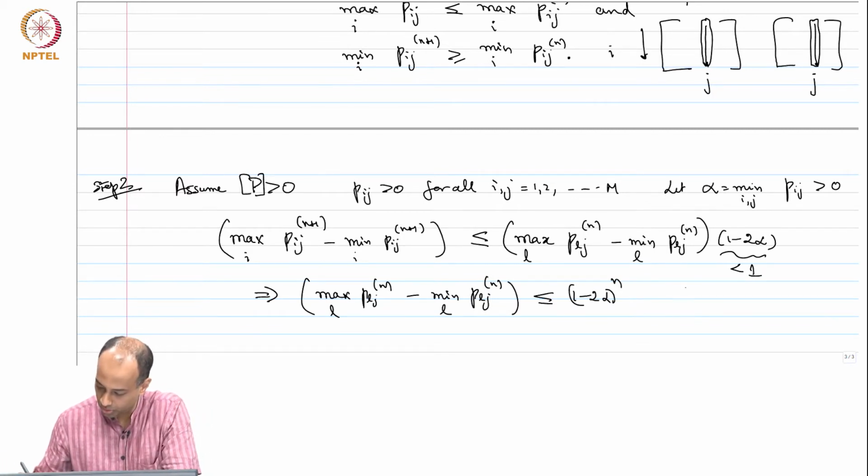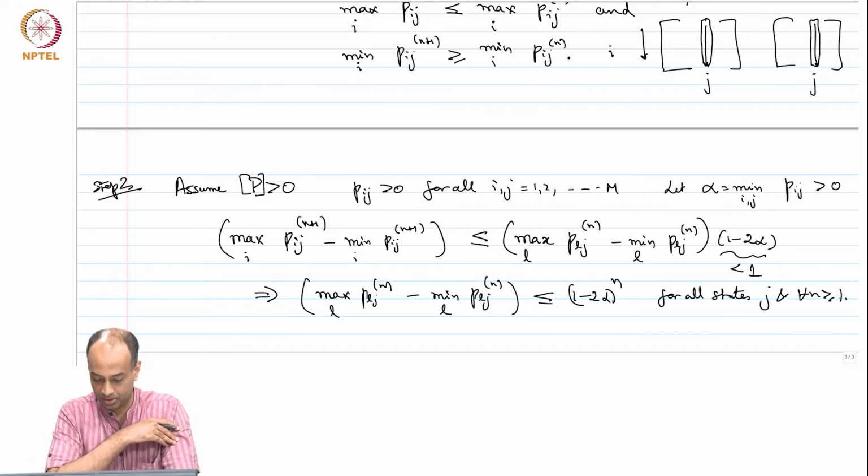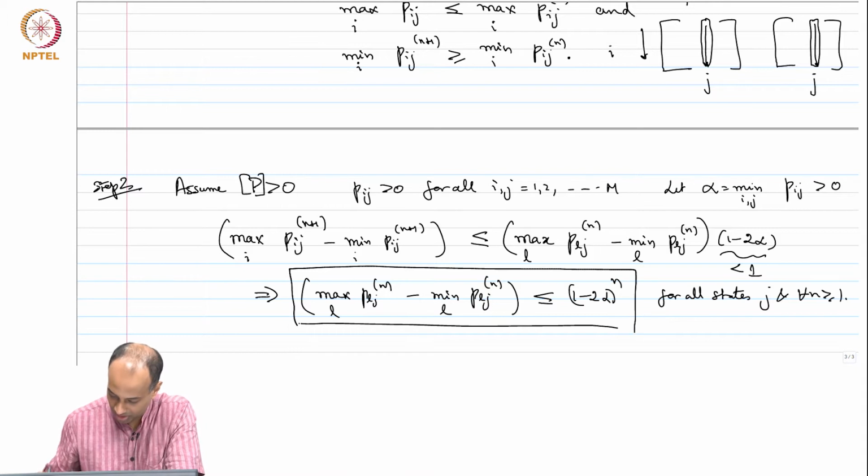So these both are true for all states j and for all n greater than or equal to 1. Okay, so this is a very strong statement, right?